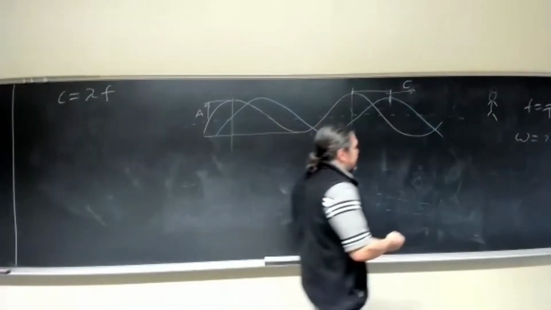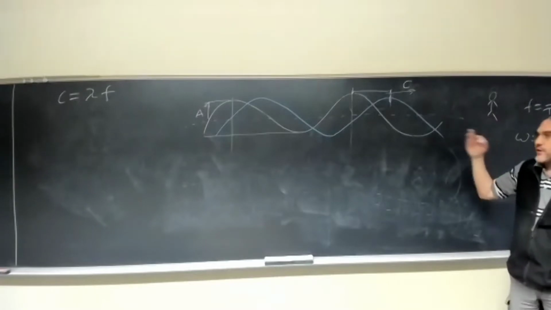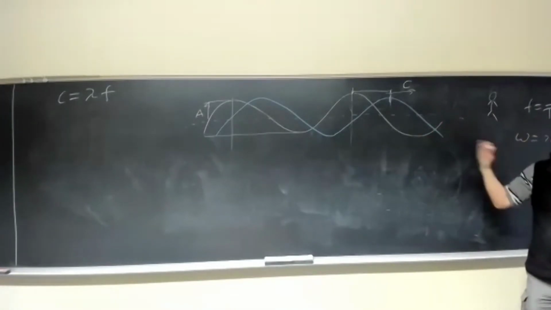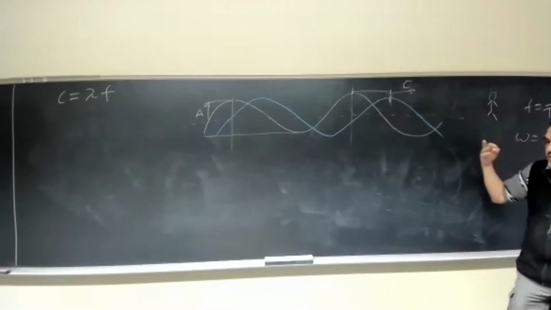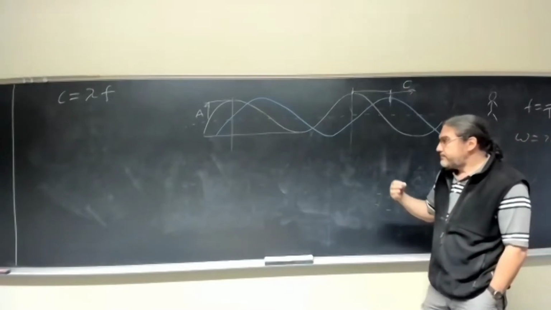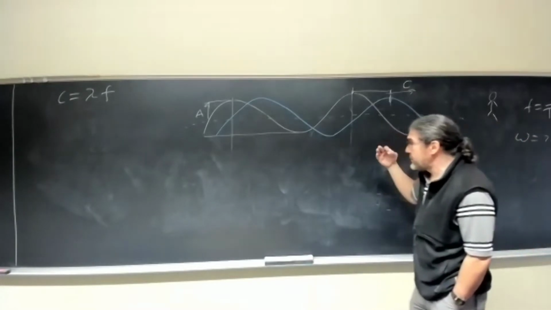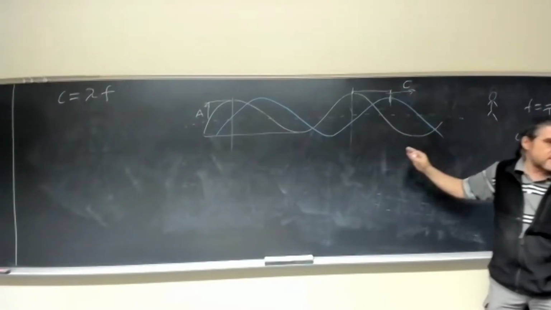Namely, if I'm observing a disturbance, let's say I'm listening to two sound waves coming to me. I close my eyes, I don't see the waves. You don't see sound waves, but you hear them. So what I'm observing is the sum of two waves.